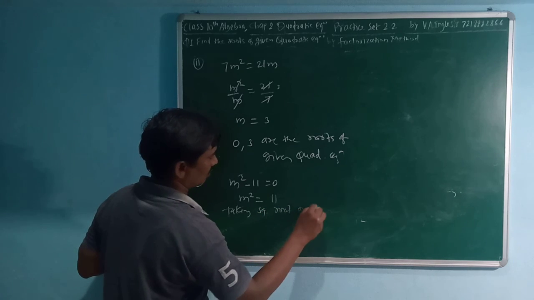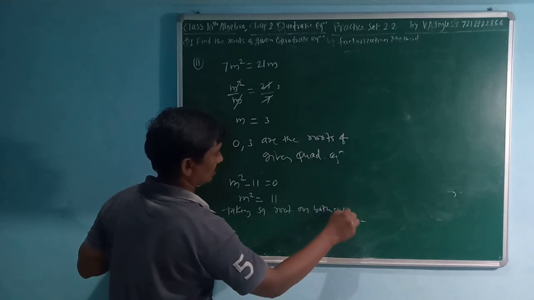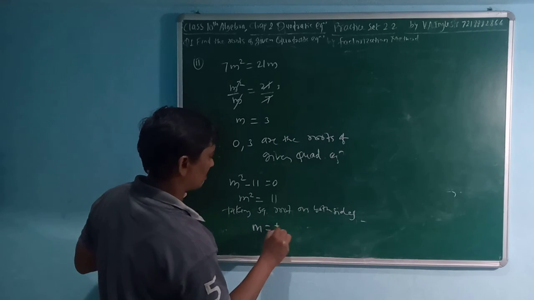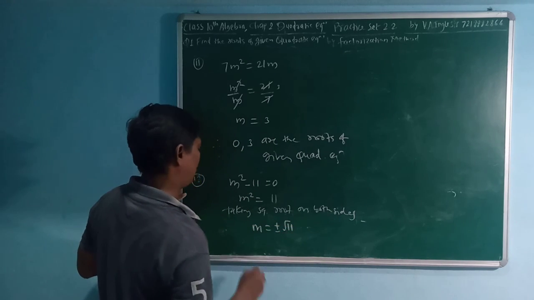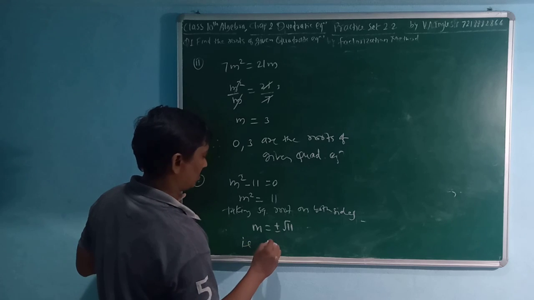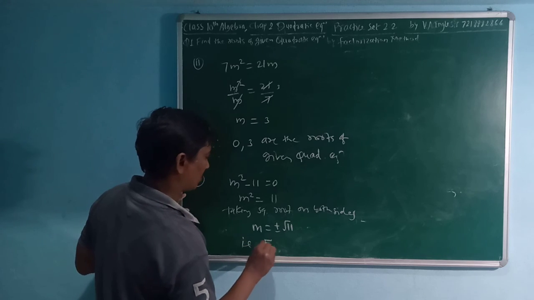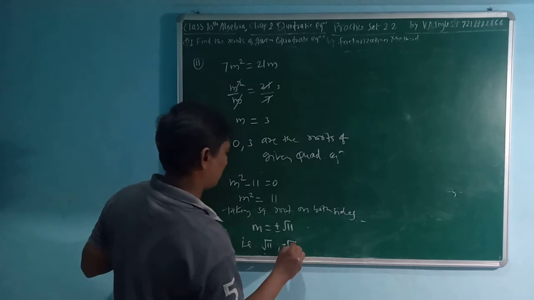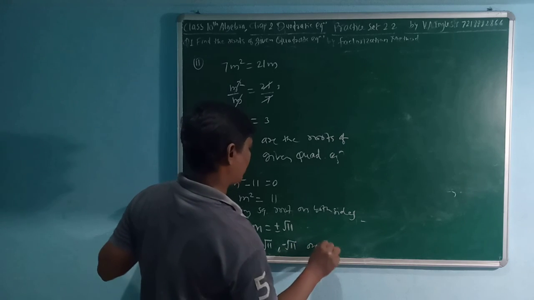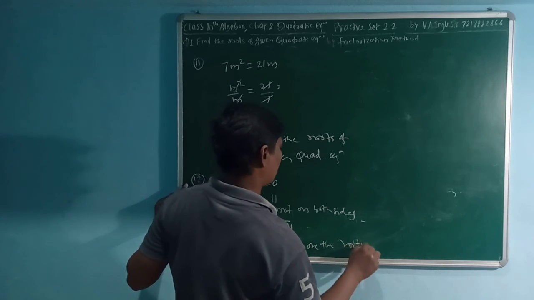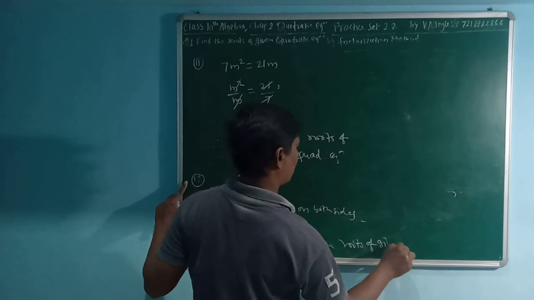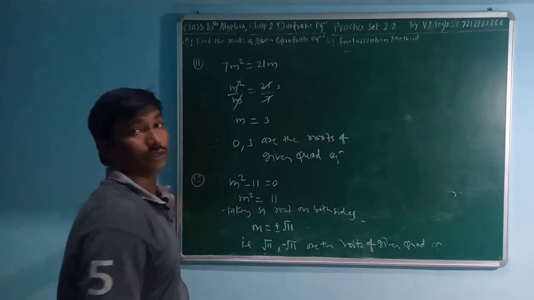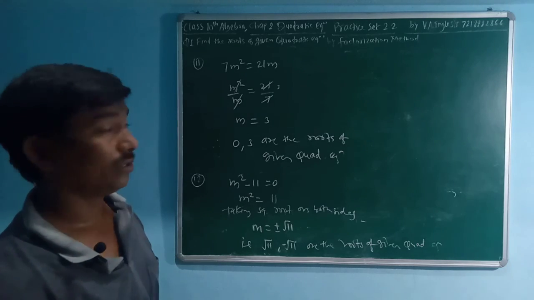Taking square root on both sides, it will become m is equal to plus or minus under root 11, that is, plus under root 11 or minus under root 11 are the roots of the given quadratic equation. Okay, in this way we have solved practice set 2.2.